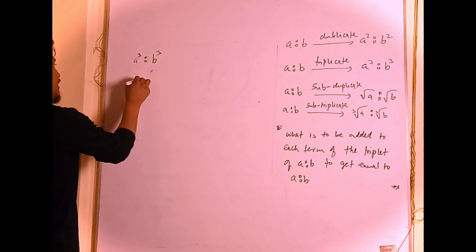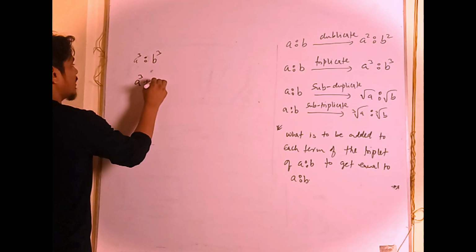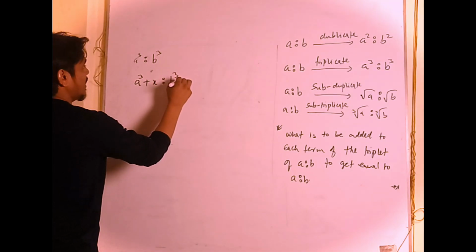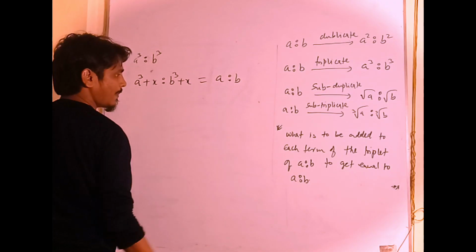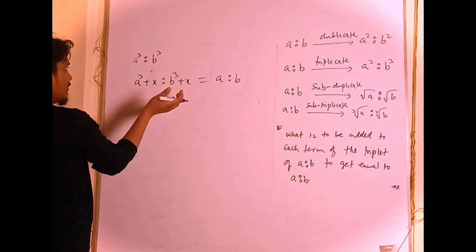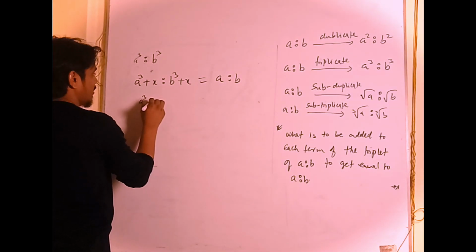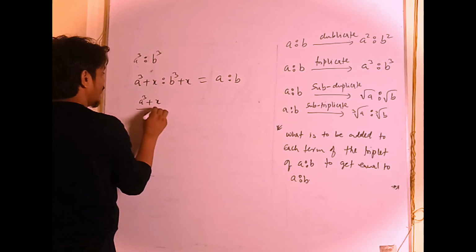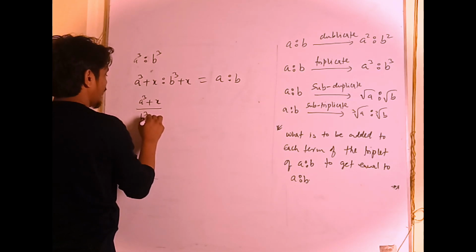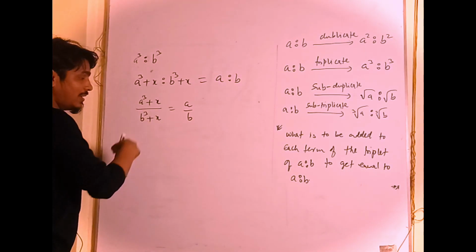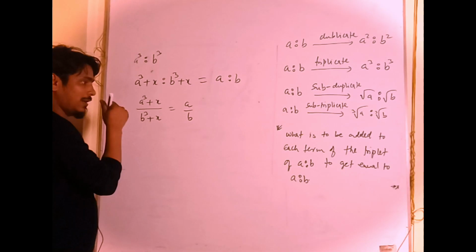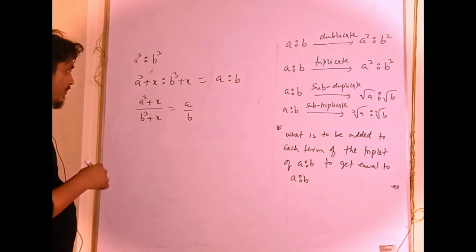So let's say I'm adding x in each term, so that we are getting a ratio A ratio B. If we write this in the form of a fraction, then we will get (A cube plus x) over (B cube plus x) is equal to A over B. Now just do the cross multiplication and write x in terms of other values.